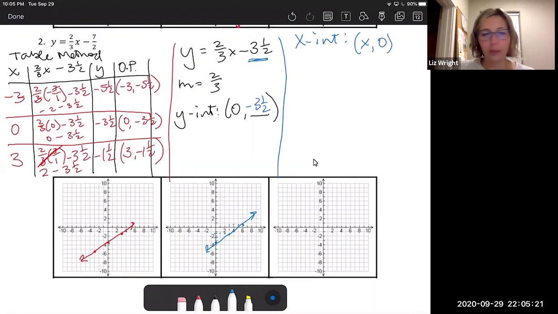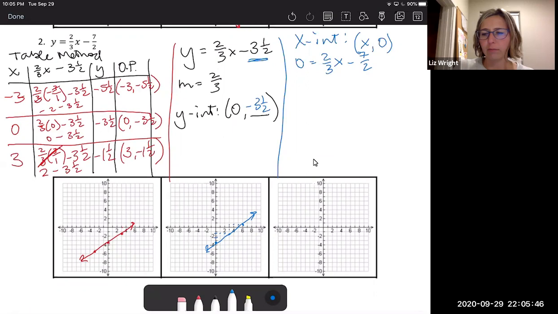For our x-intercept, we're going to plug in 0 equals 2/3 x minus, this time I think I'm going to do 7 halves. I like to work with our improper fractions when I have to solve for x.